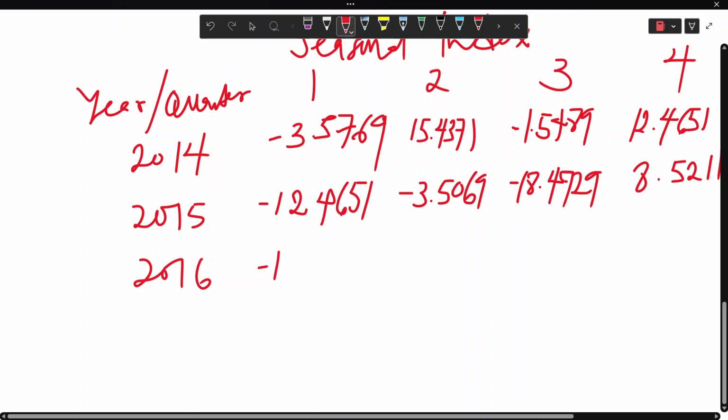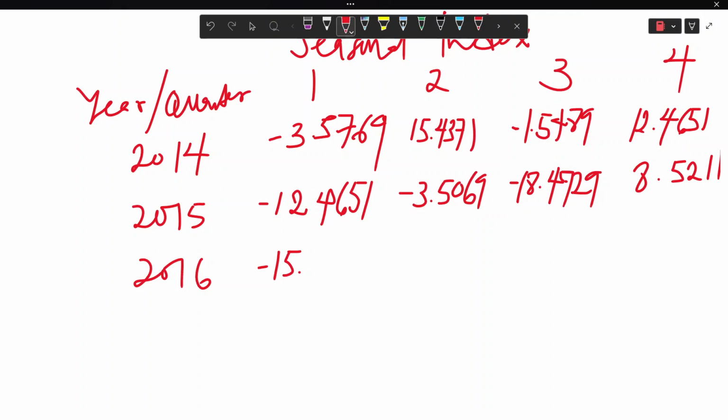For the first quarter, negative 15.4649, 6.5491, negative 0.4369.